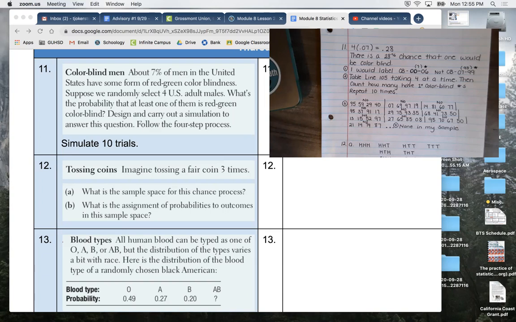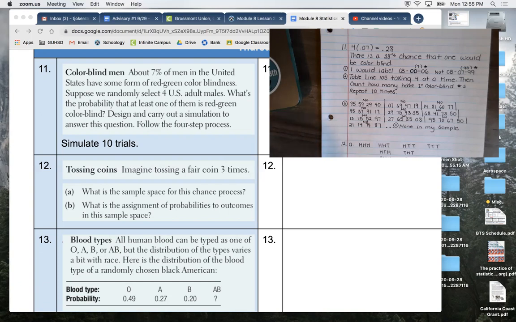I do that 10 times to show taking 4 people with a 7% chance, and I actually got none in my sample. After you simulate that, and you do need to show me the simulation for credit, I actually had none. The actual probability is 28%.